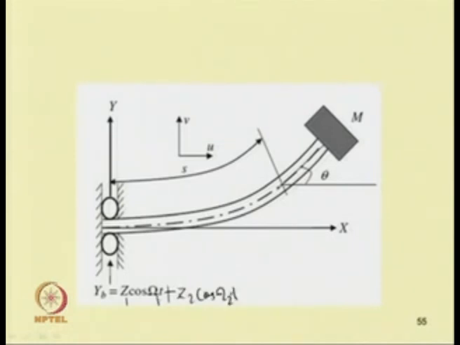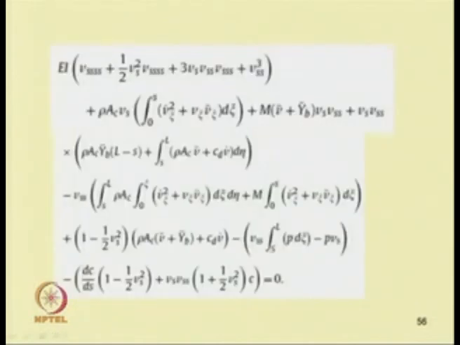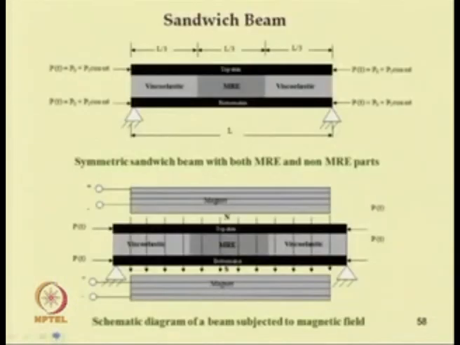In this case it will be subjected to two frequency excitation. You can take multi frequency excitation also. You can also derive the equation of motion of a sandwich beam, where the middle viscoelastic layer contains an MRE part, that is magneto-rheological elastomer part.